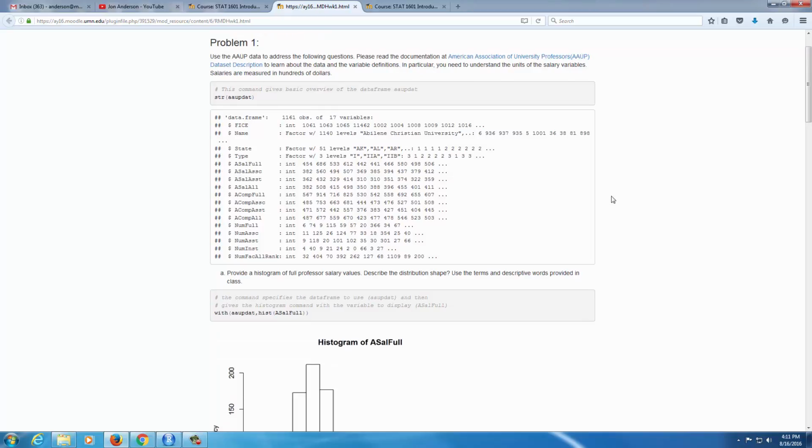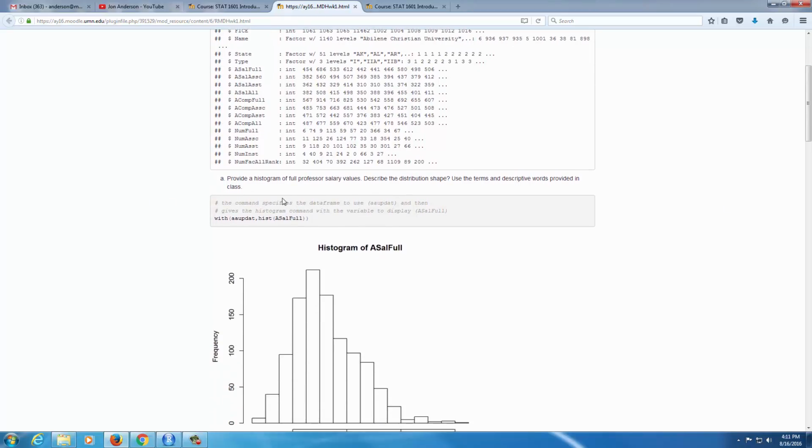It gets loaded in your markdown file, and the first thing that you need to do is make a histogram of the full professor salary values. And the variable that has full professor salaries in is ASAL full, annual salary for full professors.